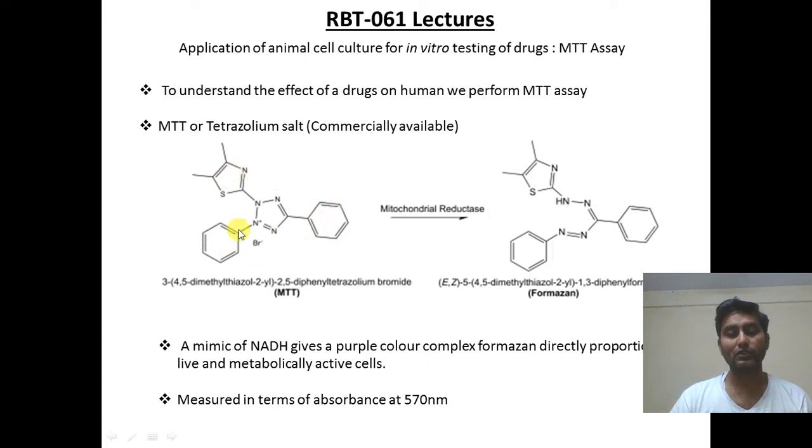The structure of MTT is like this, and after reacting with mitochondrial reductase, it forms a color complex called formazan. MTT is a kind of mimic of NADH, and after reaction with the enzyme present in cells, it gives a purple color complex which can be read by a spectrophotometer-based ELISA plate reader at 570 nanometer.